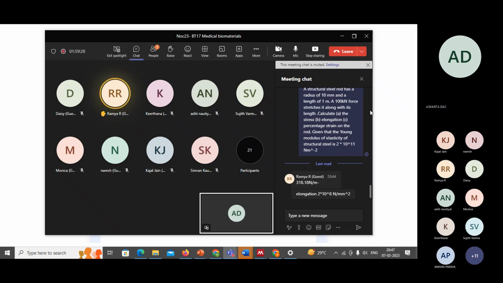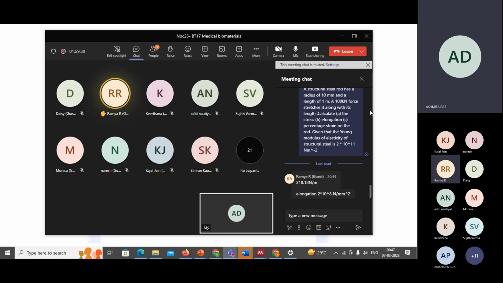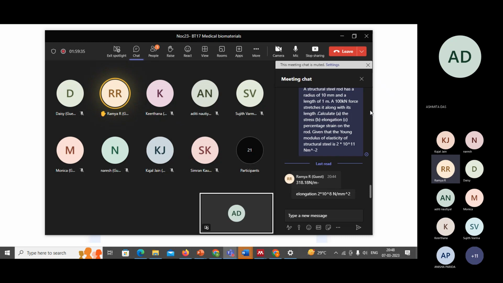Okay, but the answer should be in Newton per meter square. You have to convert to meter square. So you again have to divide by 1000.